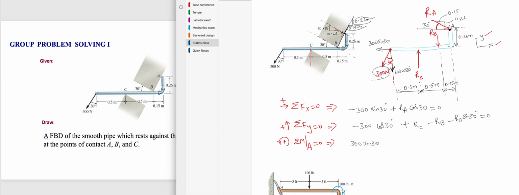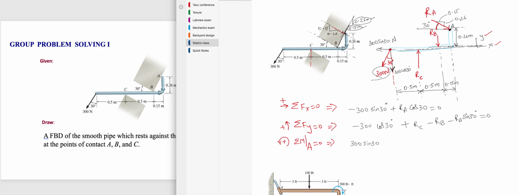Now, what we can do is we can take 300 sine 30. What is the moment of 300 sine 30 with respect to A? If you remember the concept of moment, it is force times the perpendicular distance between the point and the line of action of force.